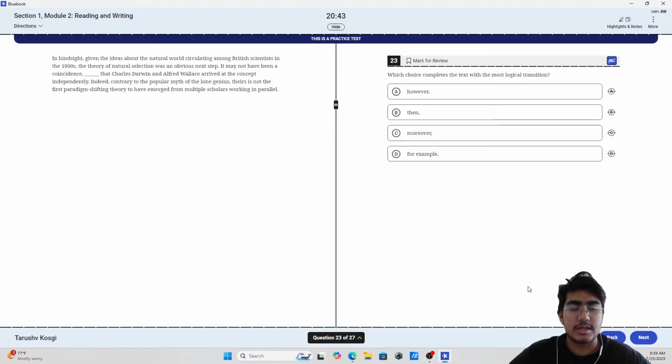Which choice completes the text with the most logical transition? It may have not been a coincidence. In hindsight, given the idea, it may have not been a coincidence.